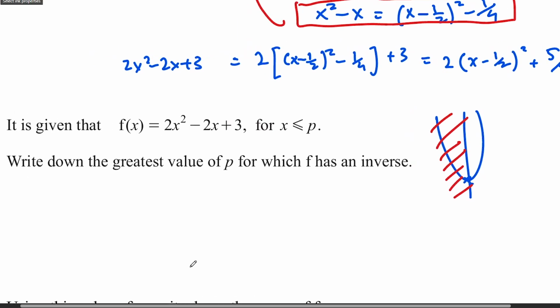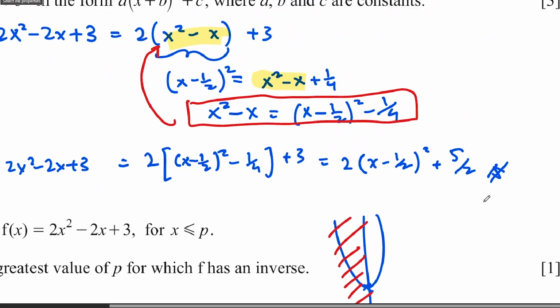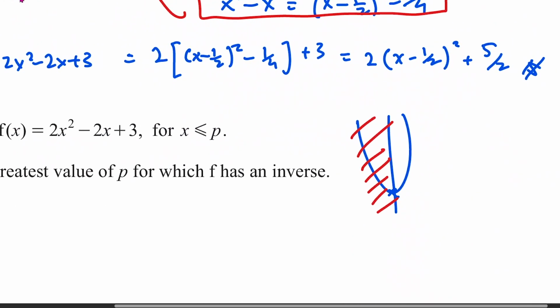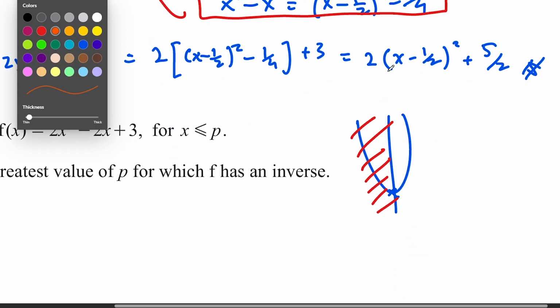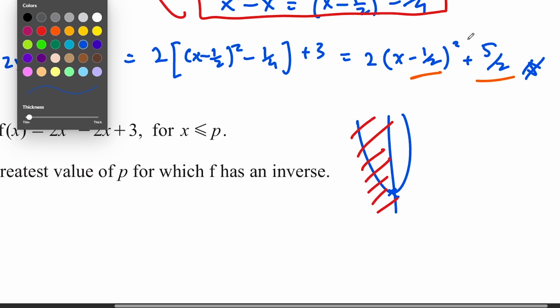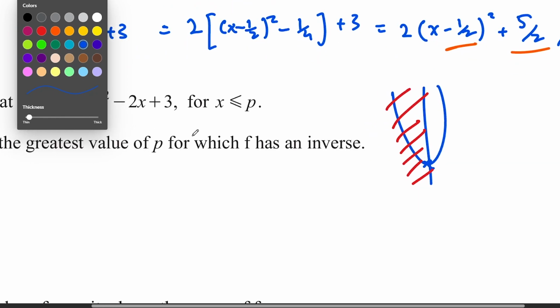Which is convenient because in the previous question we have already put it in the completing the square form, so we can take these two values as our x and y coordinates. This will be our x coordinate, this will be our y coordinate. We just have to remember to make this positive, so whatever value is here, we take the negative of it as the x coordinate.